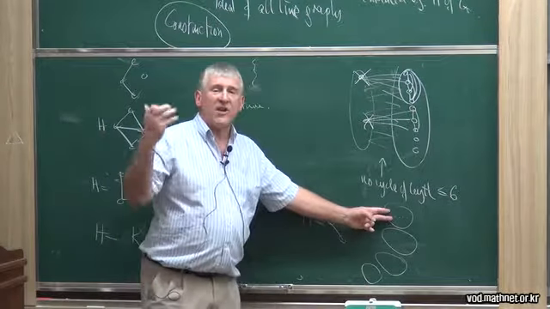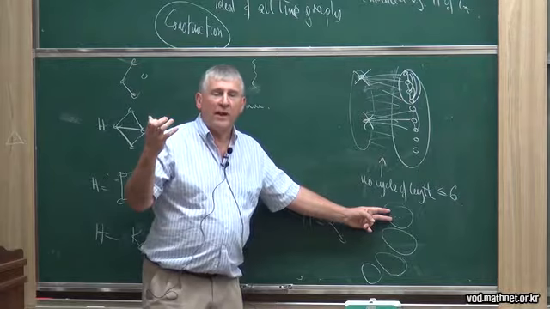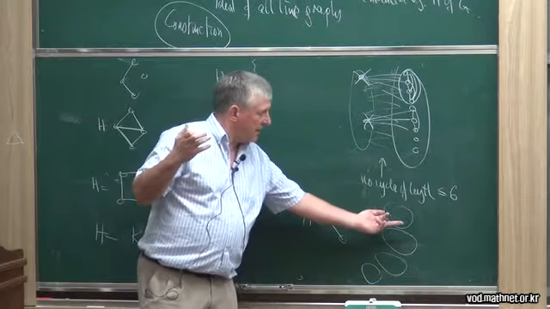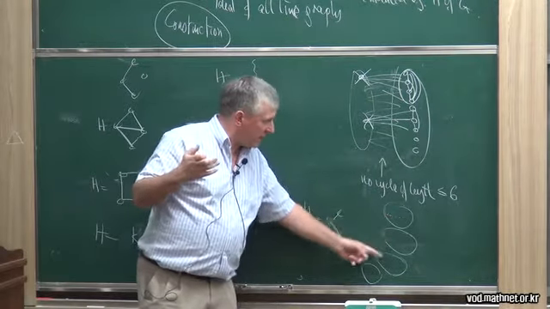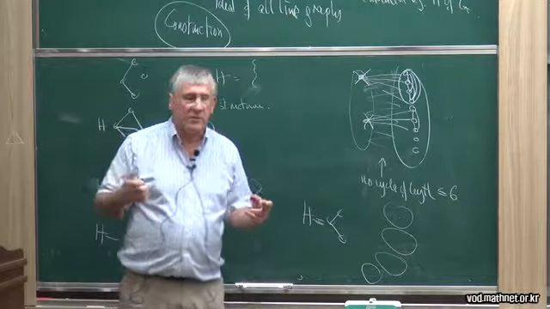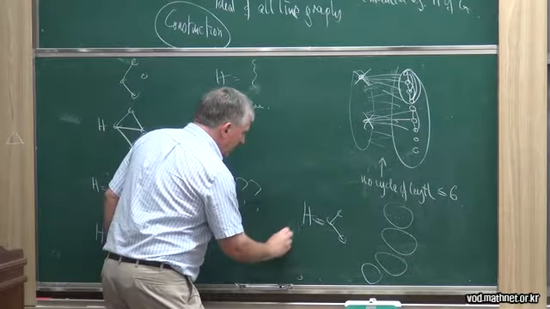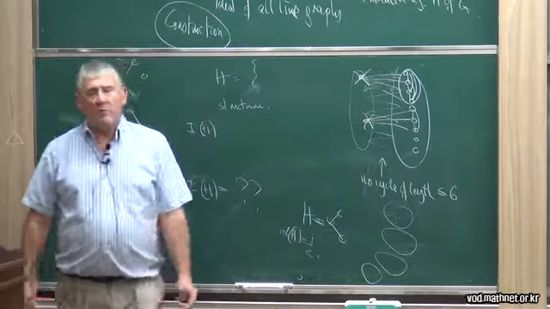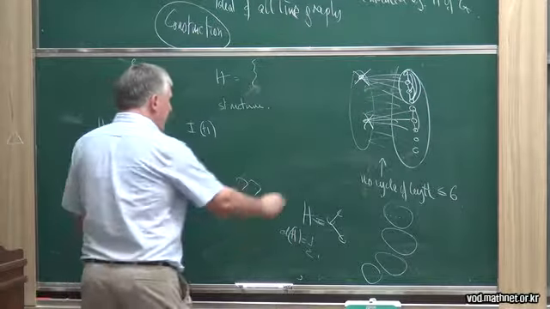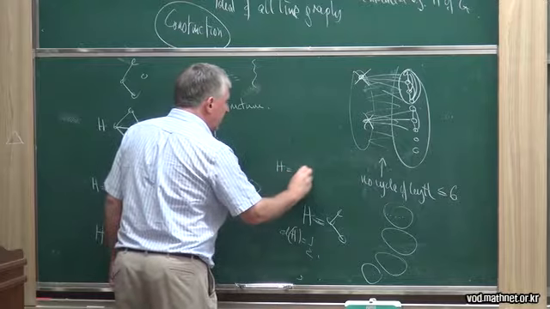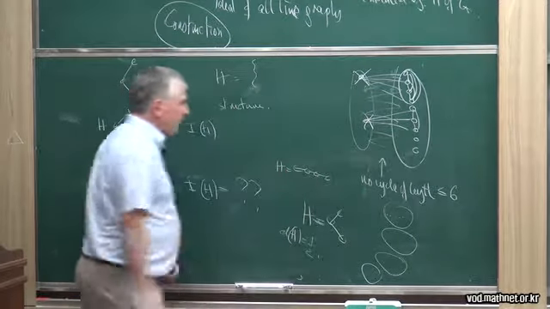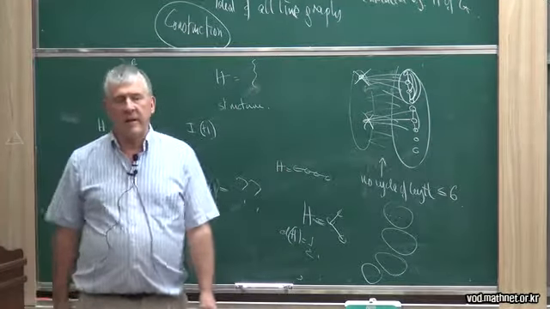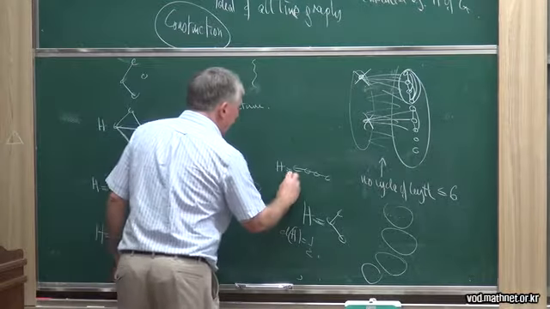Either one of the cliques has size at least root n, or I need root n different cliques. So either I get a clique of size root n, or I get a stable set of size root n, one vertex from each. So for this graph, we can take D of H as a half. If H was the 3-edge path, you can figure it out, and D of H once again is a half.